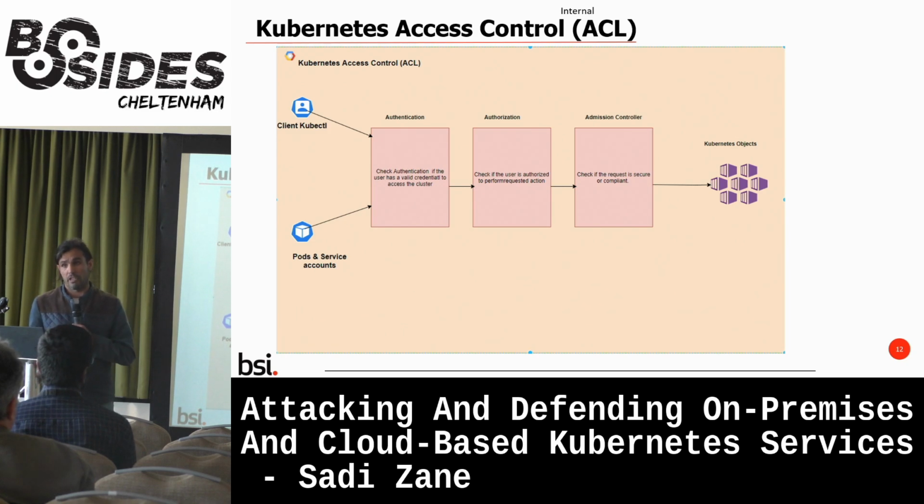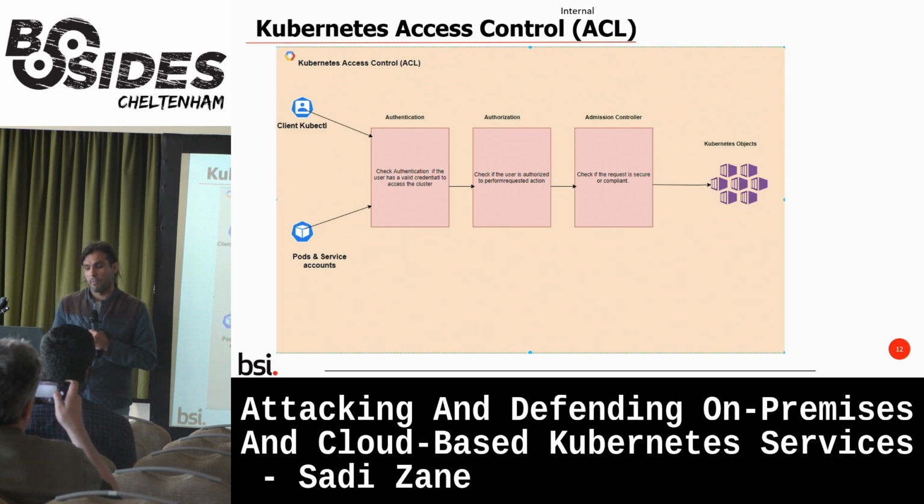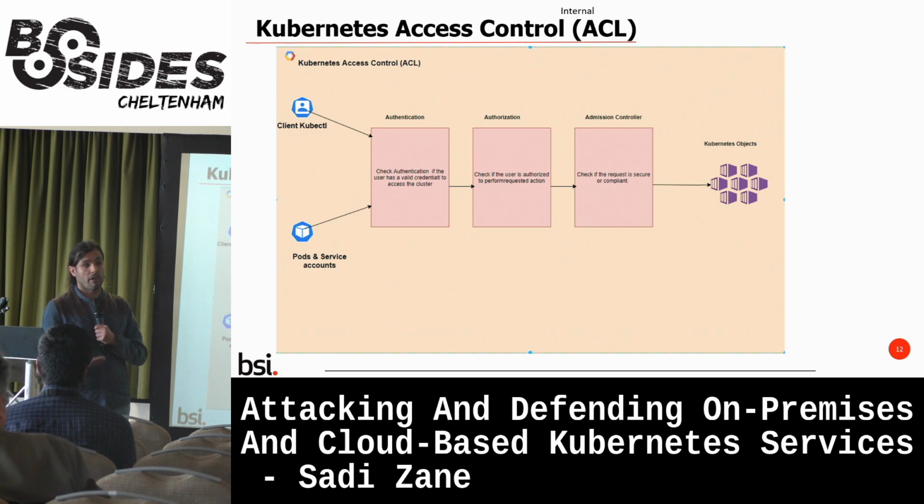Authentication: essentially, you have to have credentials to be authenticated to the Kube API server. Authorization is what rights you actually have, what has been authorized for you to proceed to the next step.